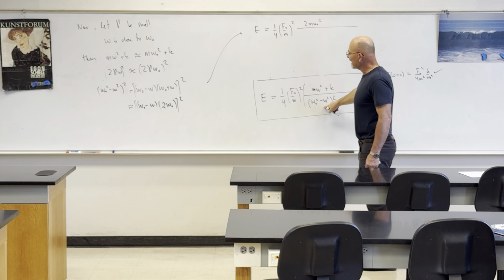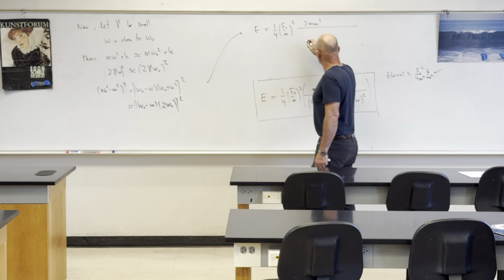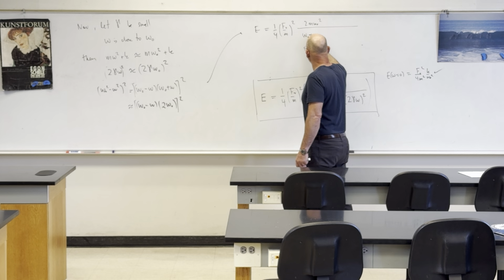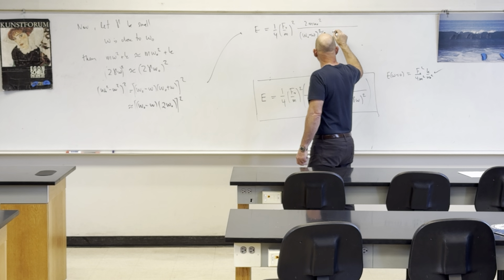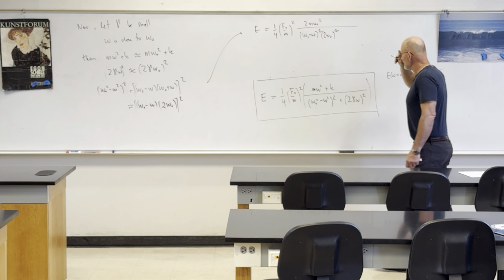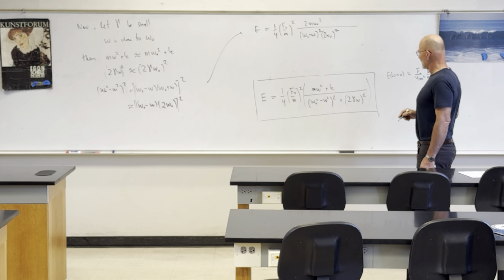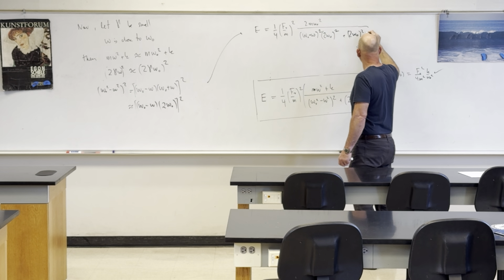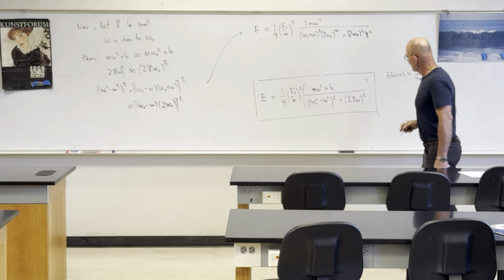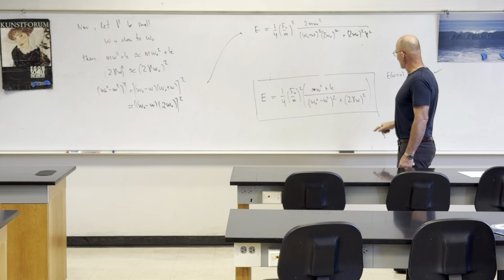Then down here I have omega naught minus omega squared times 2 omega naught squared plus 2 omega naught squared gamma squared. Right, because I replaced the omega with omega naught there.